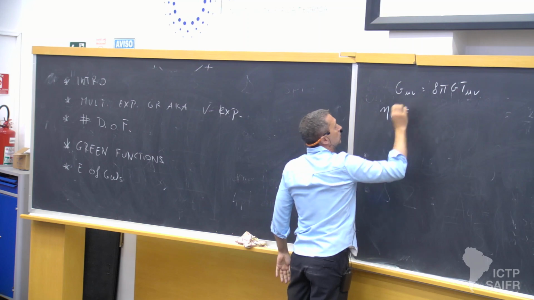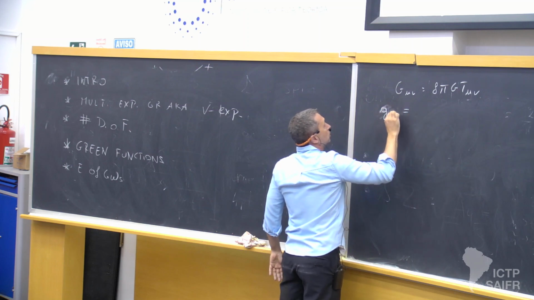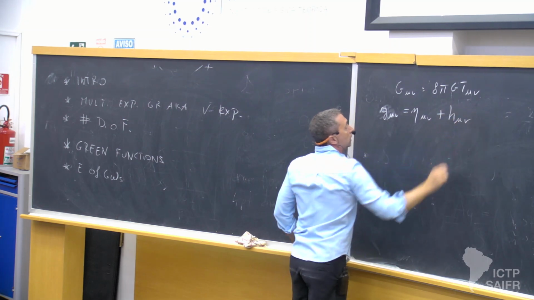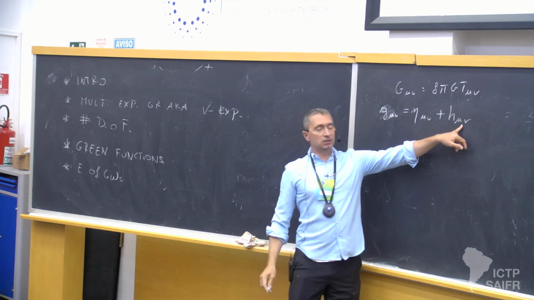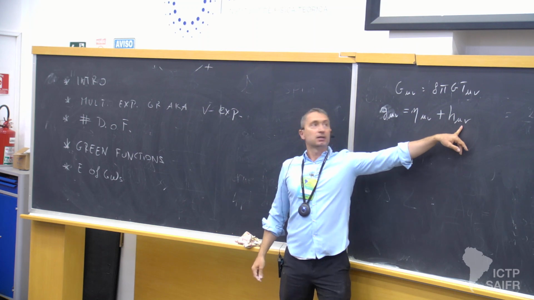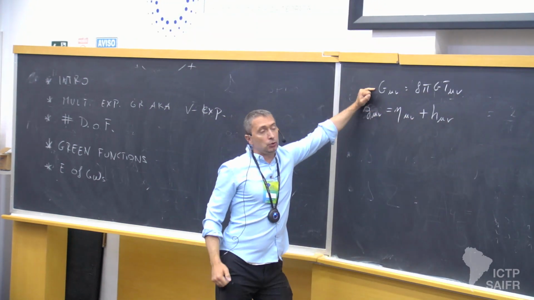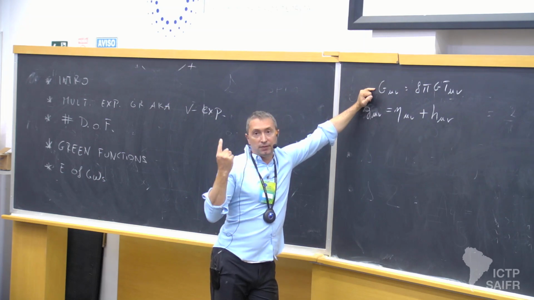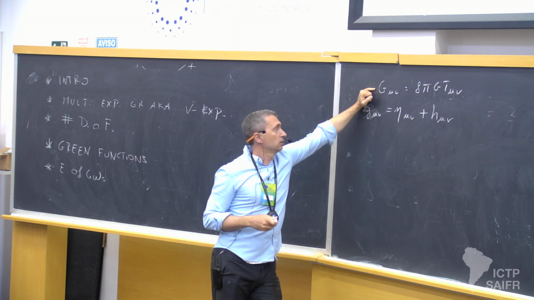And then we linearize around Minkowski space, as I mentioned yesterday. We'll deal only with this, which will be our dynamical degree of freedom. The Einstein tensor is made of the Riemann, the Riemann is one derivative of the Christoffel, and the Christoffel has one derivative of the metric, so it's a second order differential equation.